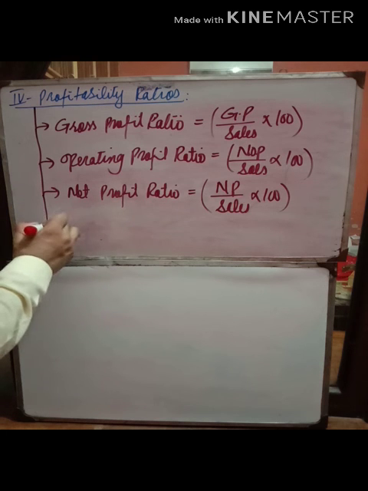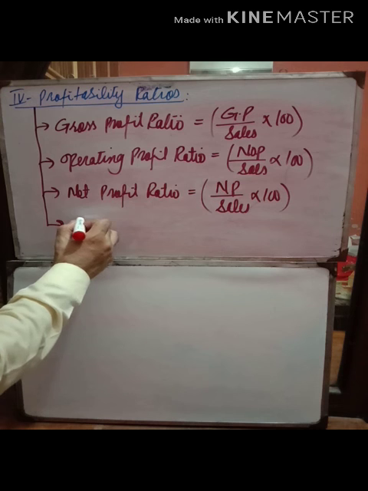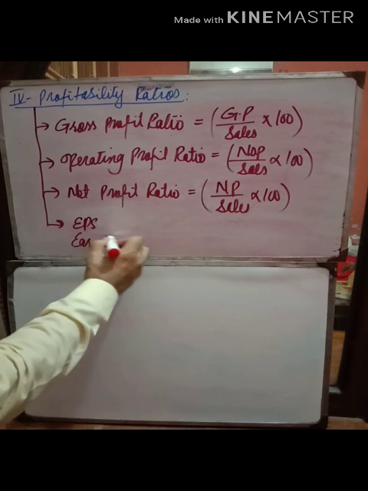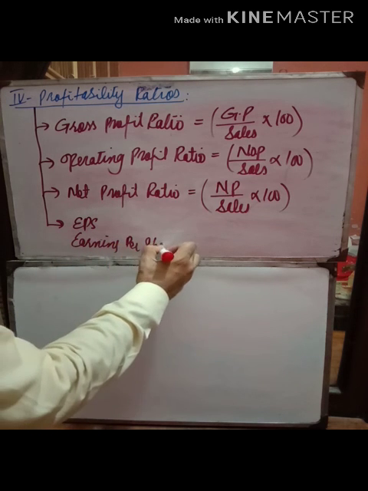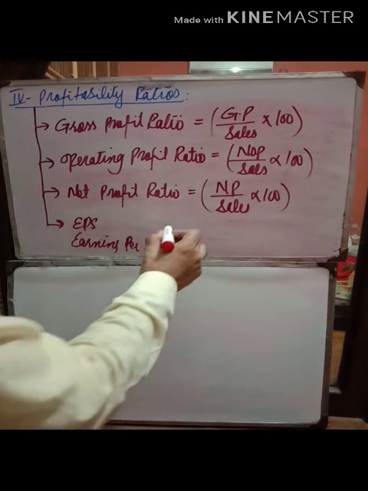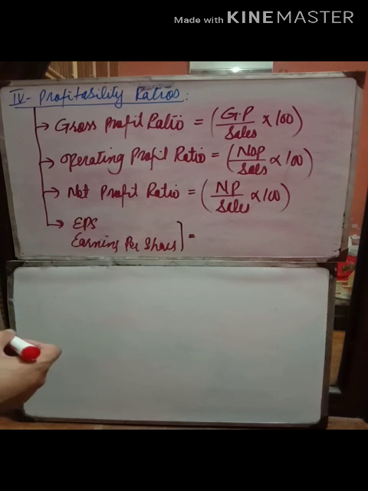After net profit ratio, there is a formula for EPS. EPS stands for earnings per share. That is a very important tool to measure the financial performance of a company, especially when investors compare all the securities available in the market for their portfolio; they take their decision on the basis of different things, but especially on the basis of earnings per share.